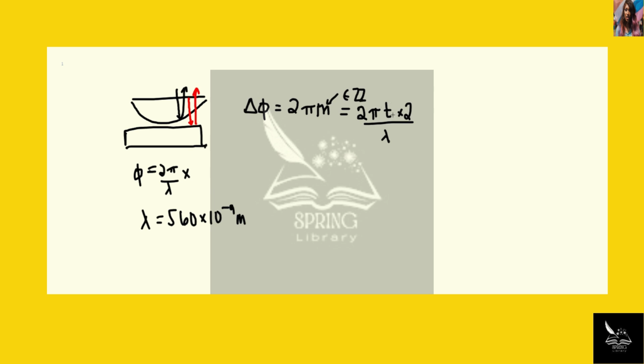We want to look for non-zero thicknesses, and this enumerates all the instances. Let's write down a formula for the thicknesses and simplify this a bit. Let's cancel some 2s and pis, so t is going to be lambda m divided by 2.